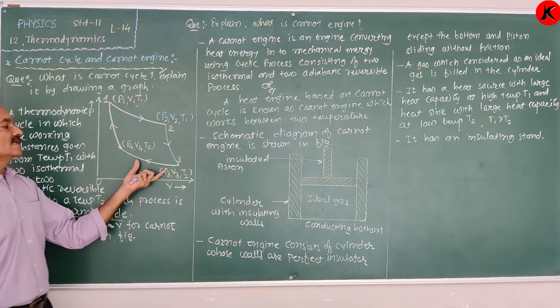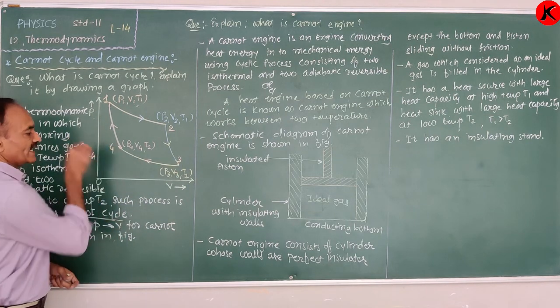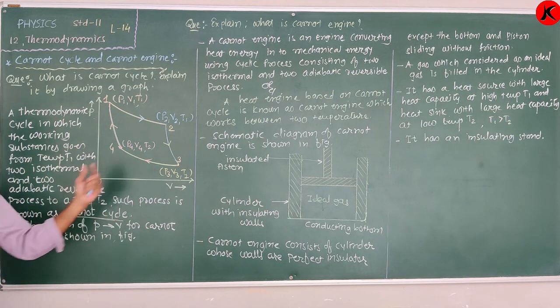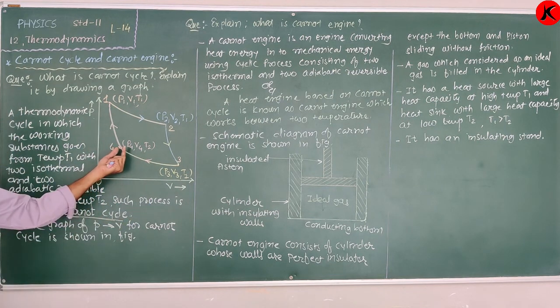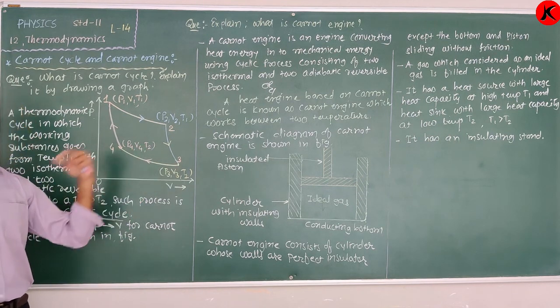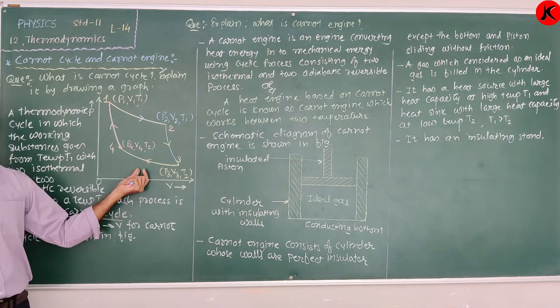Now listen here. We bring the system from the third to the fourth state. In the fourth state, the pressure is P4, volume is V4, and temperature is T2. We bring the system from 3 to the fourth state by keeping the temperature constant.